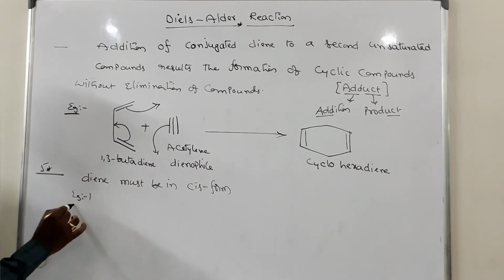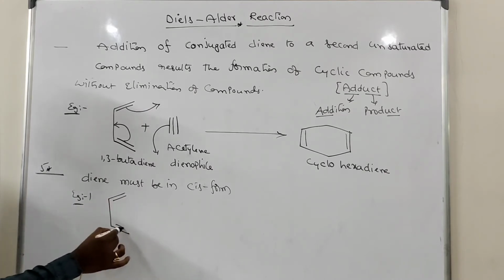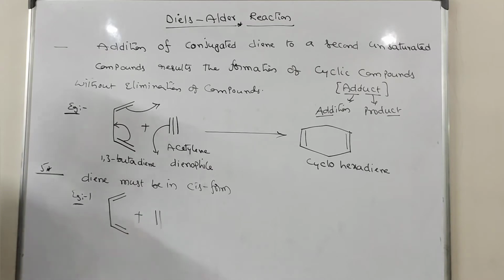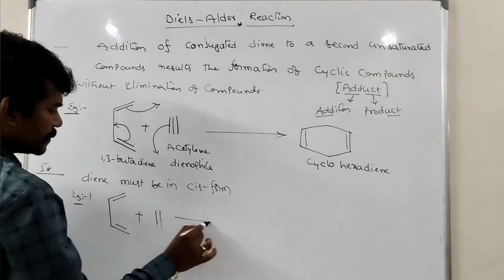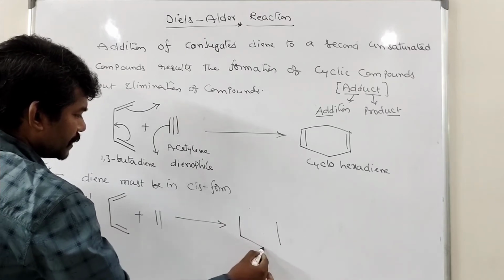Example 1. This is cis 1,3-butadiene reacts with ethylene, gives cyclohexene.